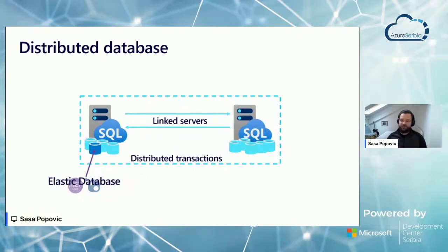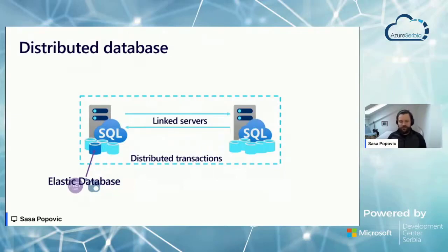In addition to this, we will be using linked servers. This will allow us to query with T-SQL all the data, regardless of whether it is sitting on the local server or on remote servers. And in addition to all of this, we will be using distributed transactions.